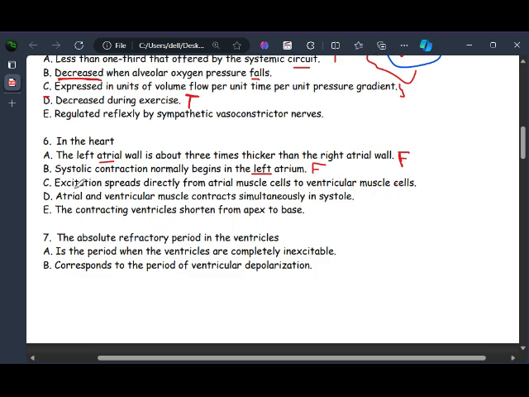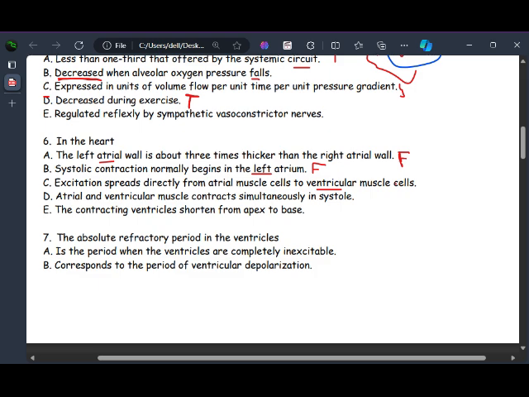So in the heart, excitation spreads directly from atrial muscle cells to ventricular muscle cells. This is saying that the muscles in the atria are directly connected to the muscles in the ventricles, and once an excitation in the atria reaches those muscle cells, it is able to transfer into the ventricular muscle fibers. That does not happen like that because excitation spreads through special conducting fibers.